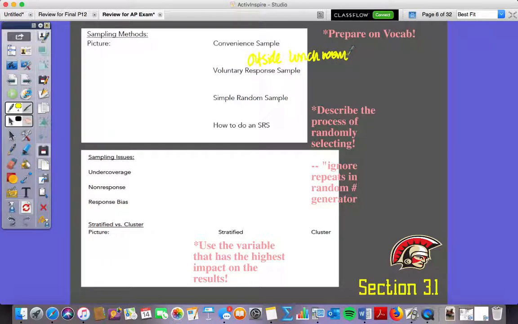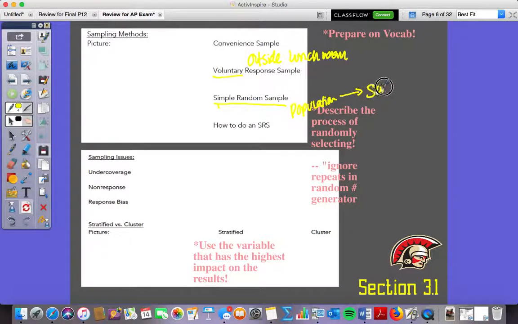Basically, it's trying to do things the easy way without randomly sampling, so it doesn't give us a representation of the population. Outside the lunchroom, those that come in first or whatever. Voluntary response is exactly what it says: people volunteer. Simple random sample is the good method, where we sample from our whole population.